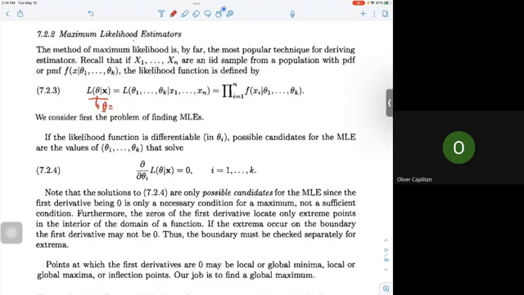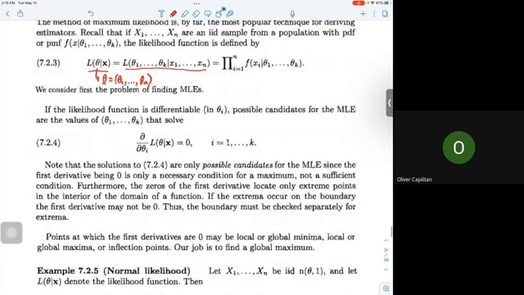So it's a vector of parameters theta 1 up to theta k. So we can express it in this likelihood function. And it is equal to the product of the probability density function or probability mass function, i from 1 up to n.